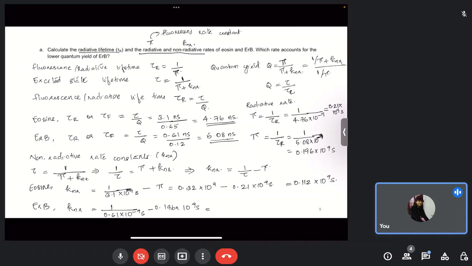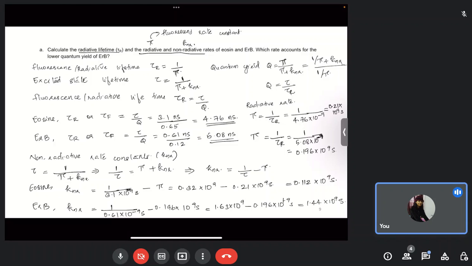So 1 divided by 0.61 is 1.63 into 10 to the power 9 minus 0.196 into 10 to the power 9. So this is equal to 1.44 into 10 to the power 9 seconds.